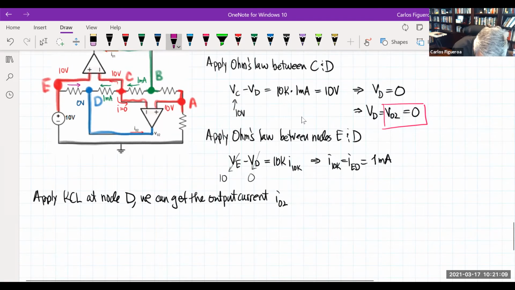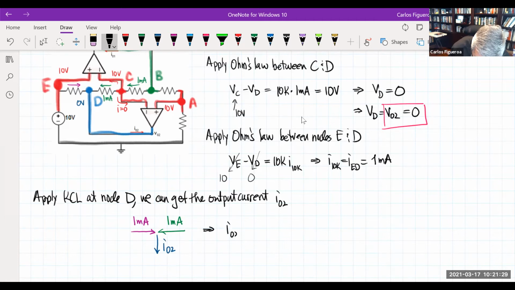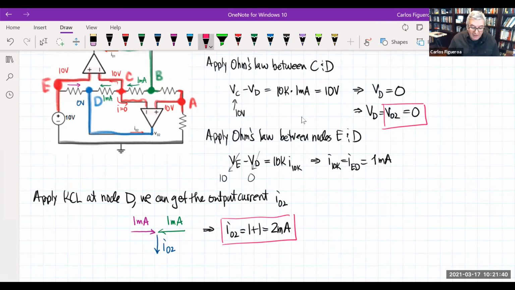Well, I have one current coming in, and that's 1 milliamp. I have the other current coming in, which is 1 milliamp. And then I have the current going out, and in this case, that's IO2. So KCL tells me that IO2 must be 1 plus 1, or 2 milliamps. So now I have all of the output voltages and the currents.